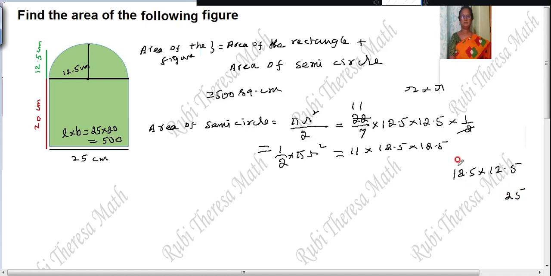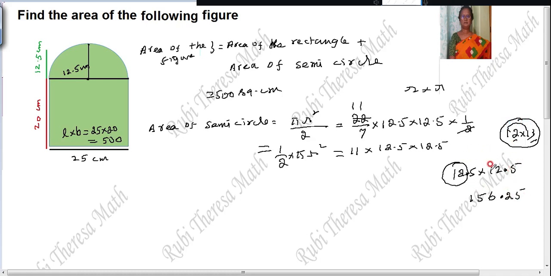Take 12, whose successor is 13. 12 into 13 is 156. So the answer is 156.25. With Vedic maths: take the unit place, 2 threes are 6, then add 2 plus 3, 5, then multiply 1 into 1, 1. That gives 156.25.